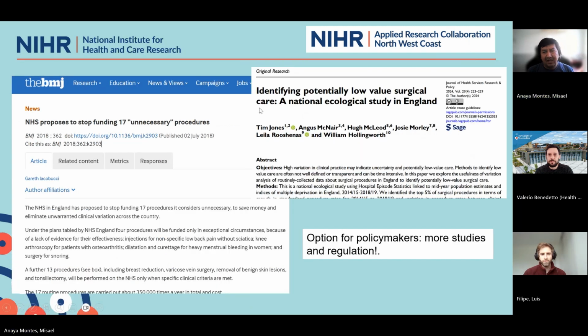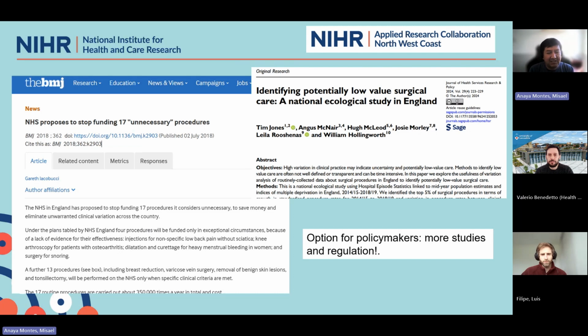Then, what are the options? The NHS proposed reducing the funding for 17 unnecessary procedures in 2018, for example. So they did some analysis and they said, okay, there is some evidence that these kinds of procedures are not effective, and if some are effective, they are not cost effective.